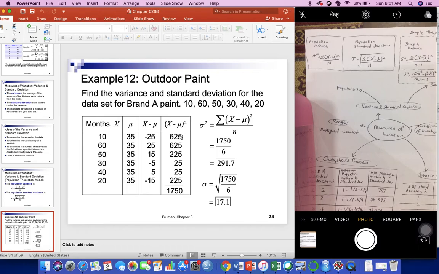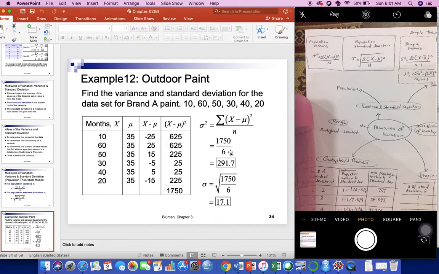You will get 625 plus 625 plus 225 plus 25 plus 25 plus 225, and you will get 1750. So 1750, put it here over n. Where do you get n? n here is 1, 2, 3, 4, 5, 6. n is the number of X. We have 6 months here, so n is 6.